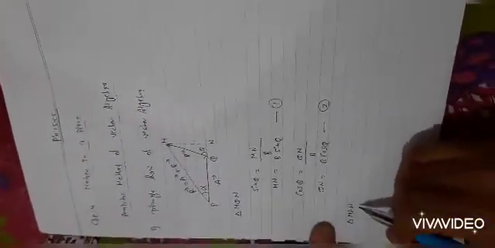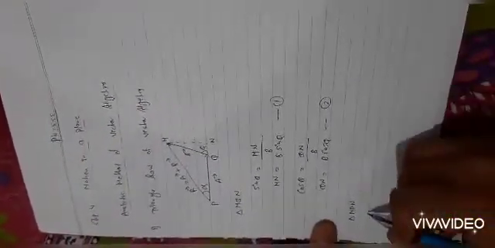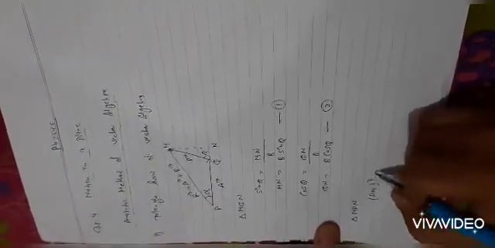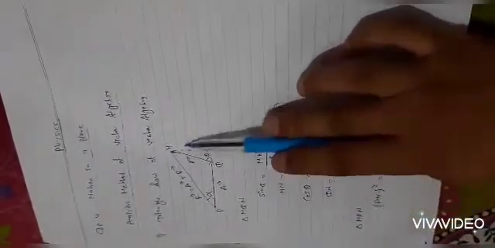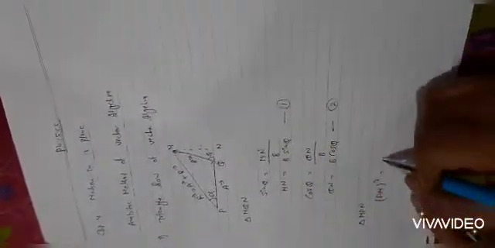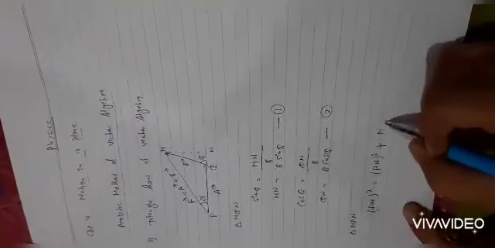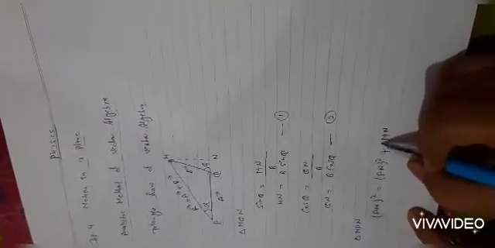In triangle MPN, we are proceeding with the Pythagoras theorem. What is the Pythagoras theorem? The square of the hypotenuse is equal to the square of the base plus the square of the perpendicular, or you can say length.